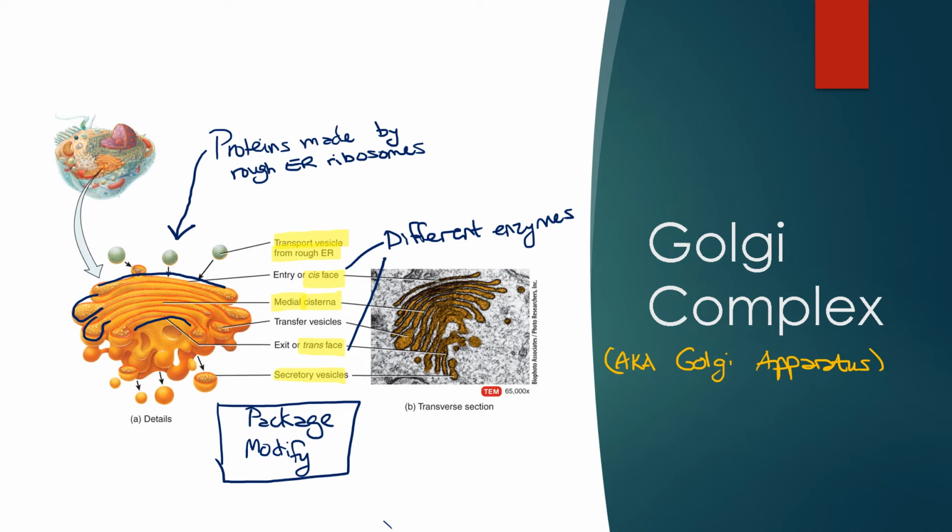So they will move this way, traveling through all these cisternae. And as they travel through these folds in the Golgi complex, there's different enzymes and different structures within the Golgi complex that will modify these proteins, package them differently until they reach the trans phase. And then they are secreted out, now that they are modified and packaged properly to go where they need to go.